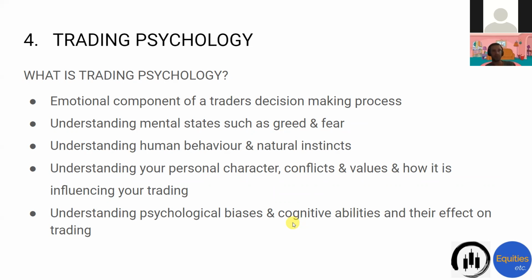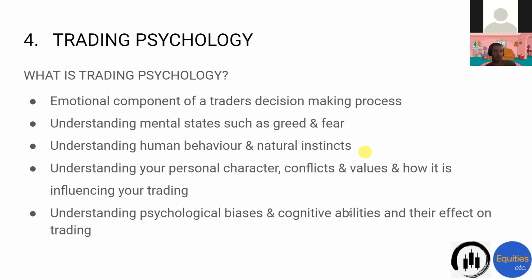We talked about that before. What are your values and how is all of this influencing your trading? You have to really learn how to understand all these things. And then also understanding psychological biases, which basically means whatever your reality is, it's very subjective, right? And on top of it, it changes with your mood and your mental state.